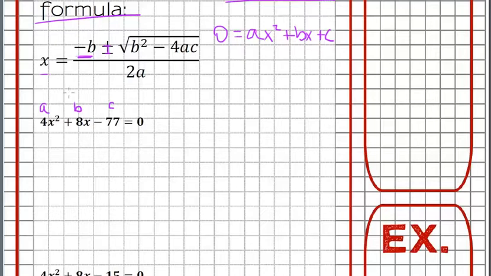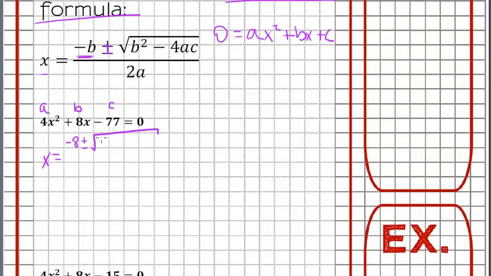So let's start plugging in. I have x equals the opposite of b, so the opposite of 8 is negative 8, plus or minus the square root of b squared.